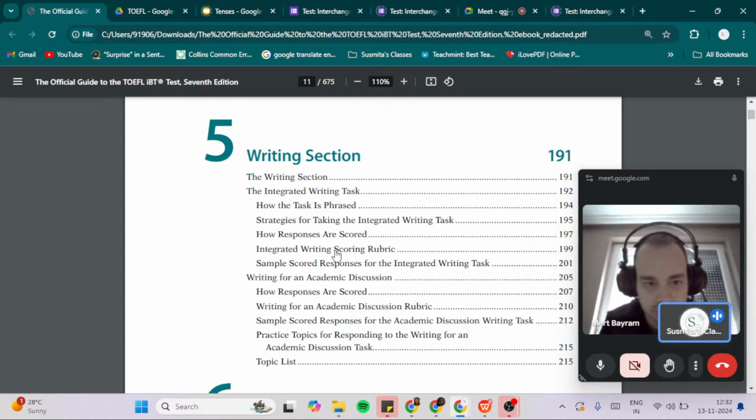What is the rubric? That's something that you should go through for task 1 as well as task 2. Because you should know when you could lose your scores. So just make sure you go through it once.